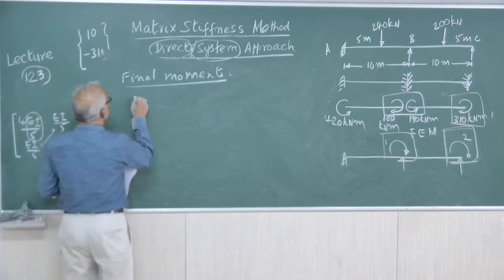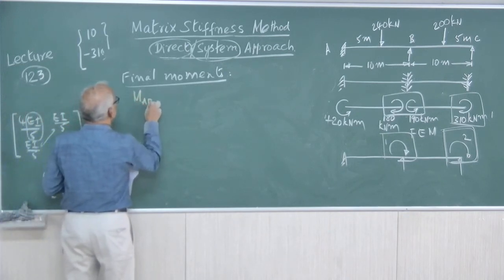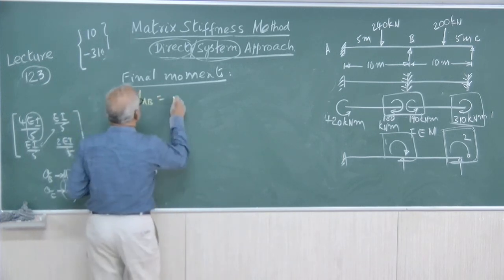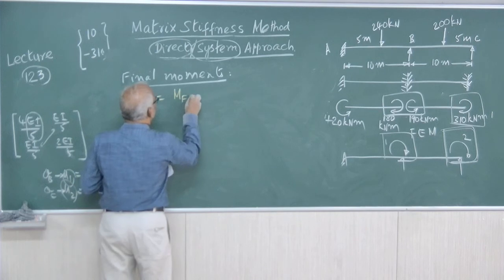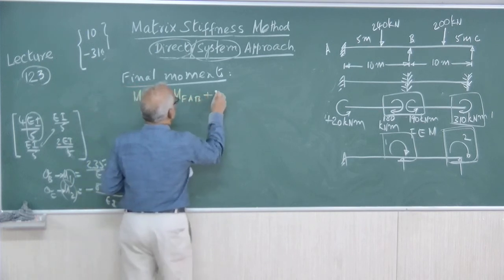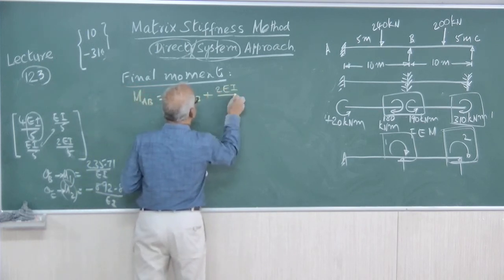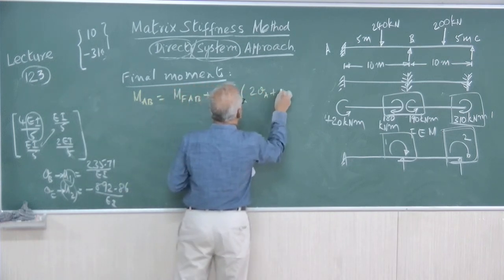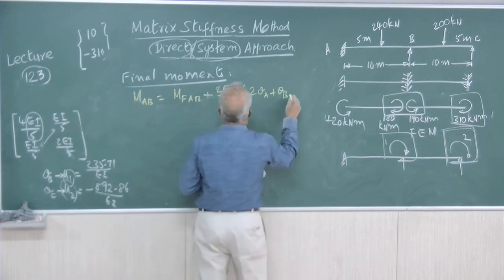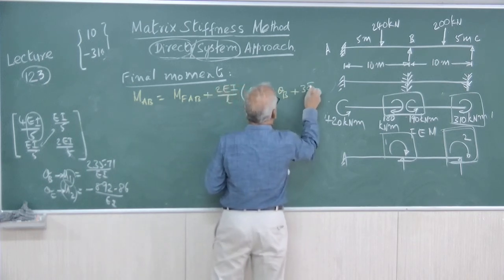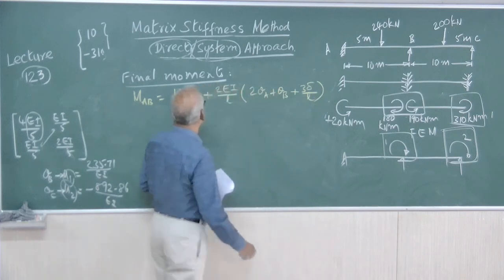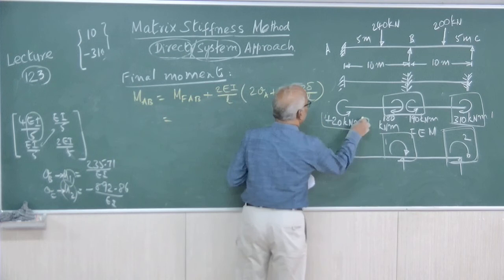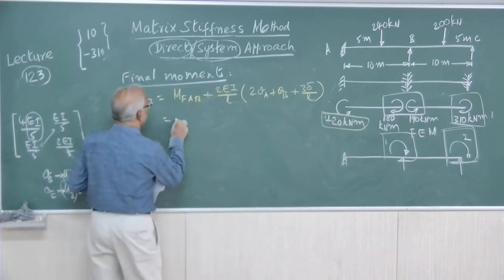So MAB equal to M of AB plus 2EI by L into 2 theta A plus theta B plus 3 delta by L. Now, M of AB is minus 420 anticlockwise, therefore it is minus 420.